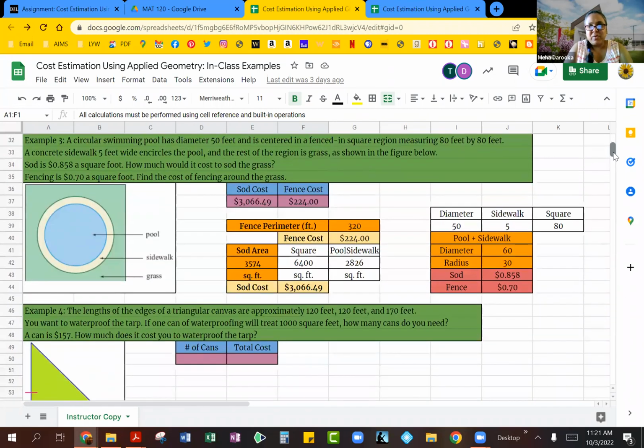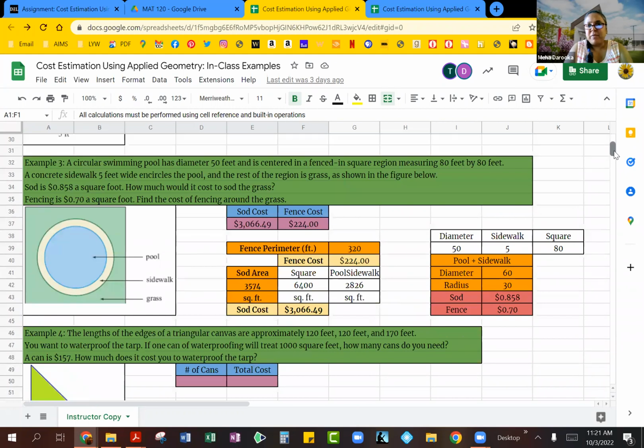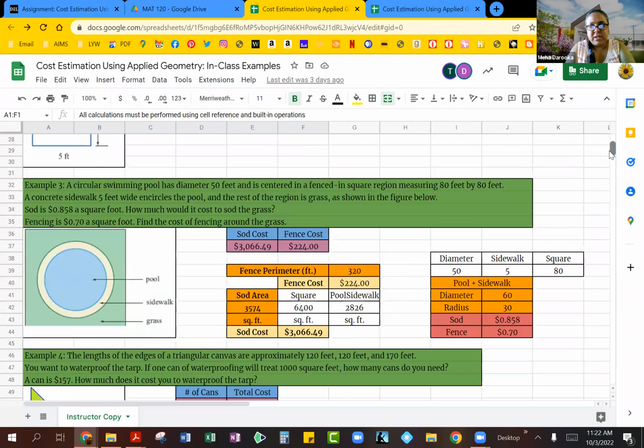And then this one over here was an interesting example because you have a pool in the center surrounded by a concrete sidewalk. And then, of course, we were looking at how much sod we would need to put in the grassy area and what the fence would cost if you put that around the grass. So this is where we had stopped as our last one. And you can see the final prices are right here under the sod cost and the fence cost.